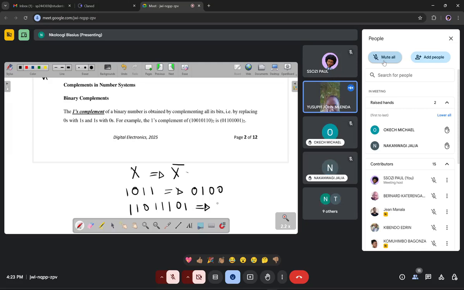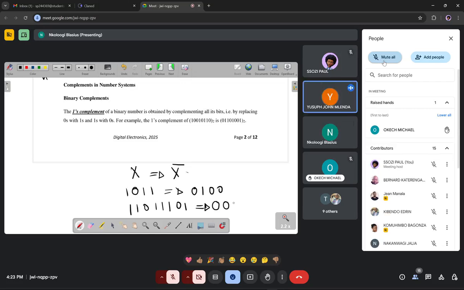When you see one, you put zero. When you see zero, you put one. That is the formula. So in this question, you put zero, zero, one, zero, zero, zero, one, zero. This is the complement of this number. Is that right?